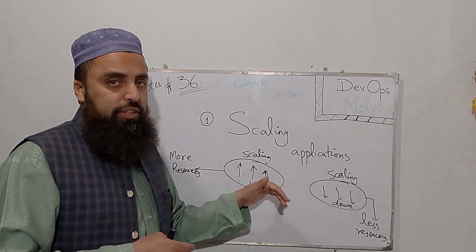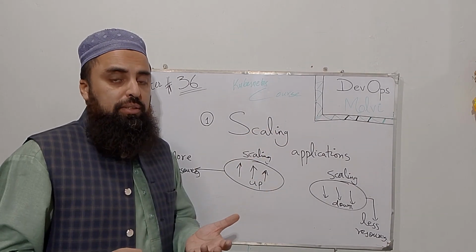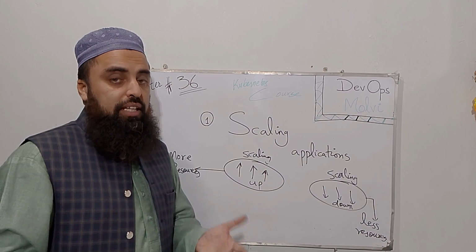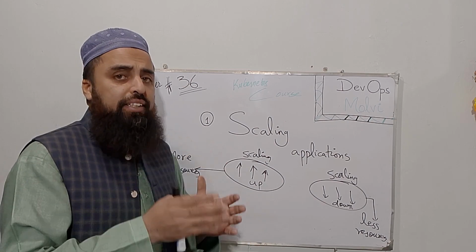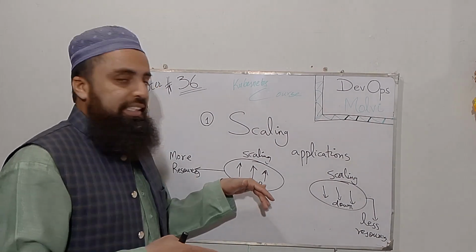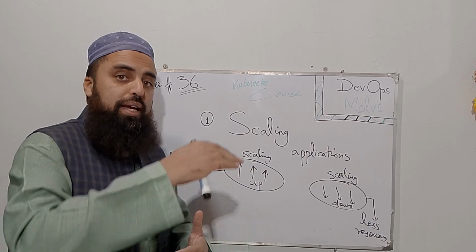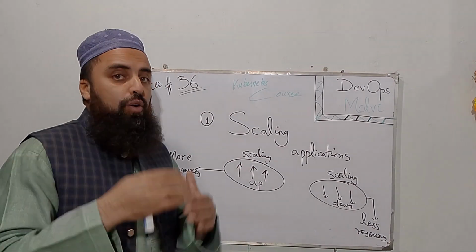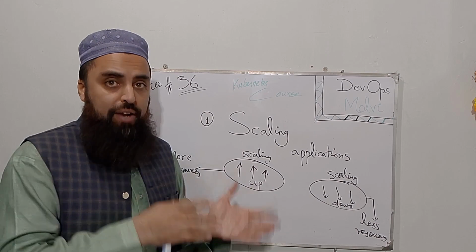All my resources should scale up because more users mean more resources are required to avoid any downtime and to provide the best customer or user experience. So this is scaling up. The resources are automatically scaled up according to the users, the load, and the traffic.